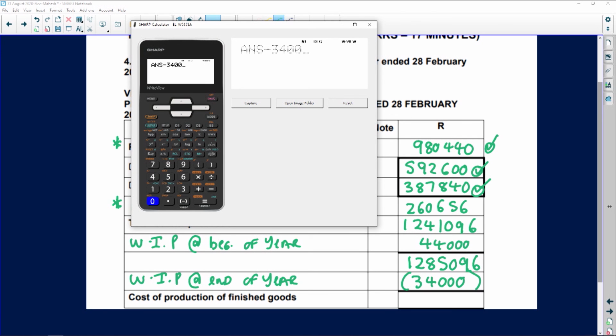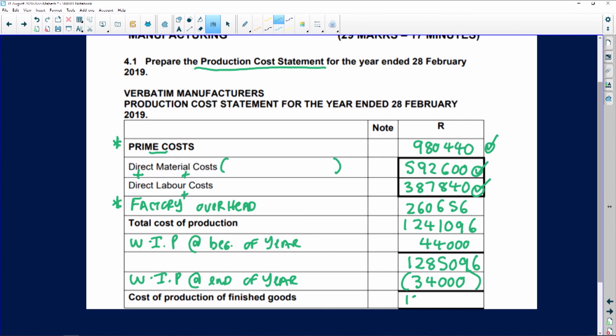And that should give me my cost of production, an amount of 1,251,096 rand. So let's fill that in, 1,251,096 rand. Done, guys. Done with the entire question. There's about 2 minutes left.